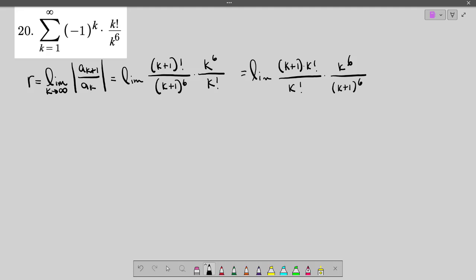Line up the factors with their like factors. Clearly the k factorials are going to cancel. And then one of the k plus 1s will cancel down on the bottom right. So we're going to end up with limit of k to the 6 over 1, k plus 1 cancels, so we're going to have k plus 1 to the 5th.